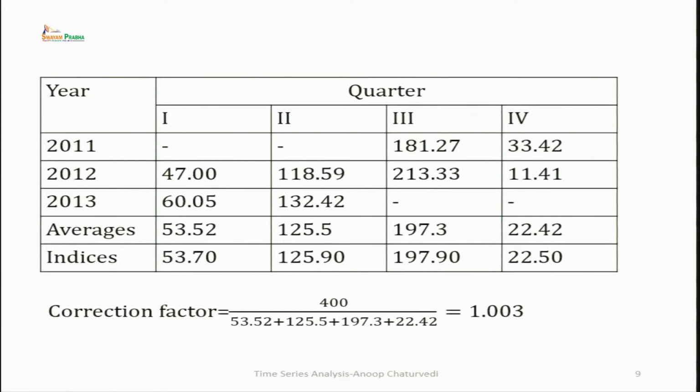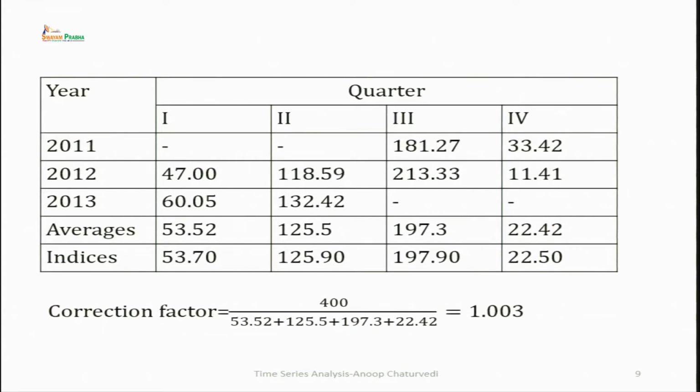Then we obtain averages for each quarter. So, average of 47 and 60.05, average of 118.59 and 132.42. So, you write the averages here.